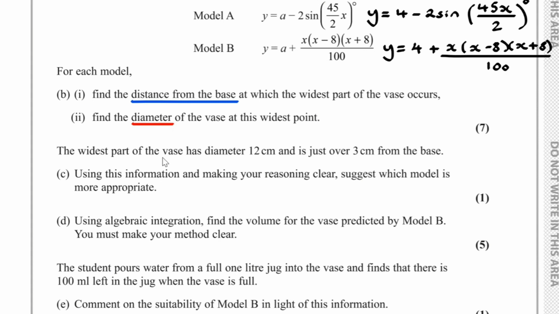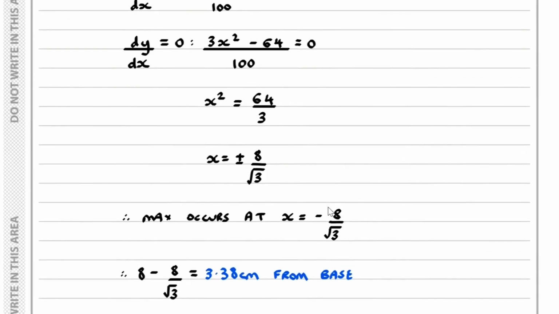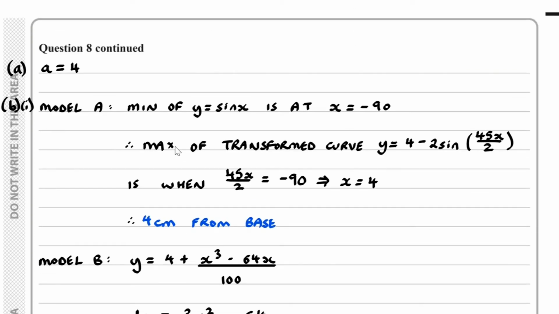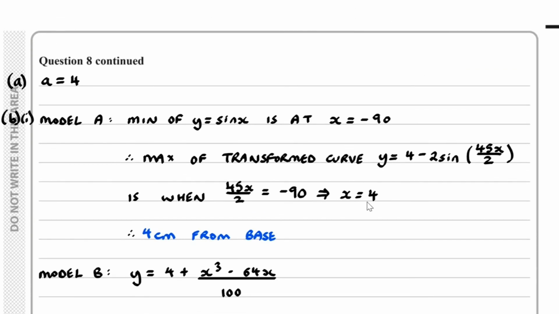So now we have to find the diameter of the vase at this widest point. Well, for the diameter, I need to use the x values at which my minimums occur. So if I consider model A, I know that when x is equal to minus 4, I can find out the corresponding y. Now I know x equals minus 4 from here.